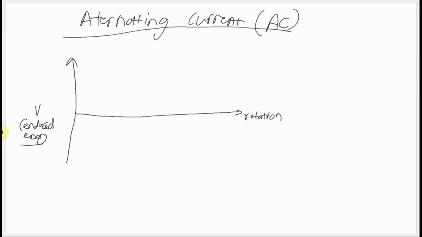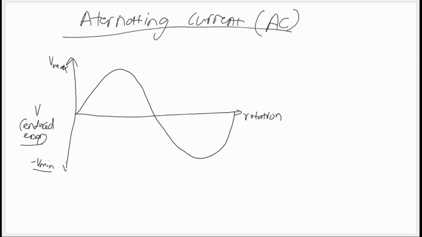You have Vmax at the top and a negative minimum at the bottom. Since alternating current changes direction, the graph will look like this.